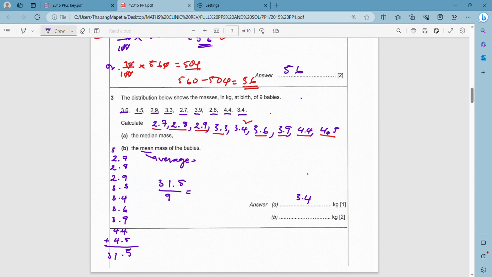So 9 into 3 it can't. Then 9 into 31. 9 gets into 27 3 times. So therefore it's going to be 3. Remainder how much? Remember it gets in 27, so therefore it's remainder 4.